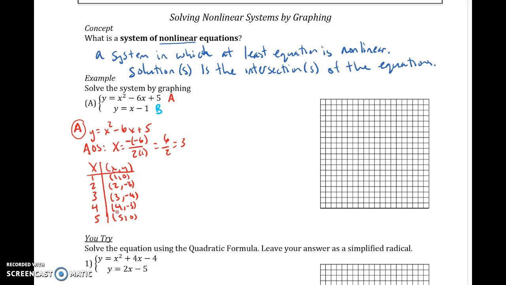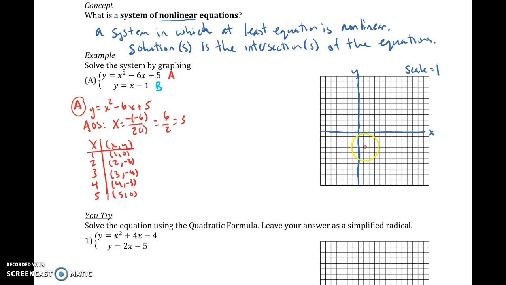I'm going to graph this on my coordinate plane, and of course, draw the axes first. I'm going to move my origin over a little bit, since I'm dealing with mostly positives in my table. Here's my x, here's my y, and I'm going to go by ones. Let's graph this.